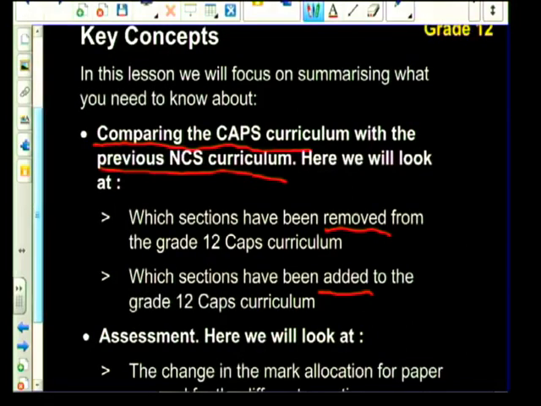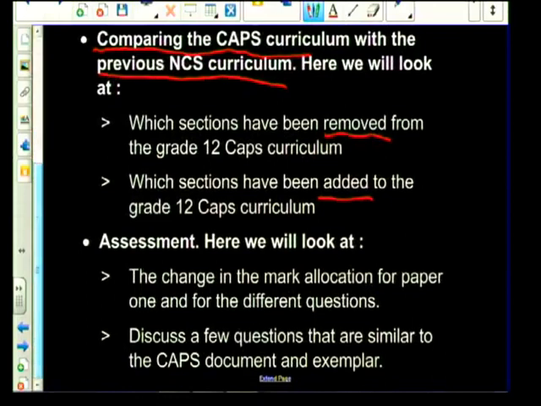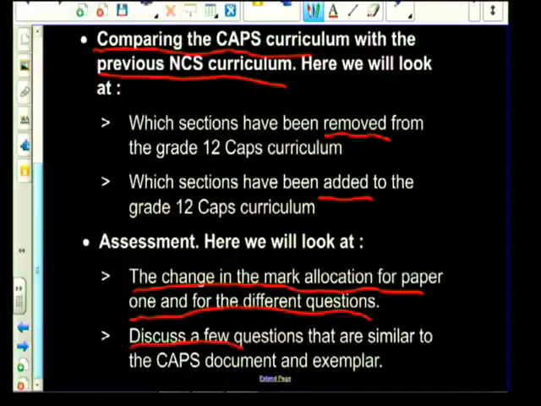We're also going to look at the assessment and how the mark allocation for Paper 1 has changed for different questions. We're also going to discuss a few questions to give you some insight about the changes and how the questions will be asked. They are similar to the CAPS curriculum and the exemplar you received, not identical.